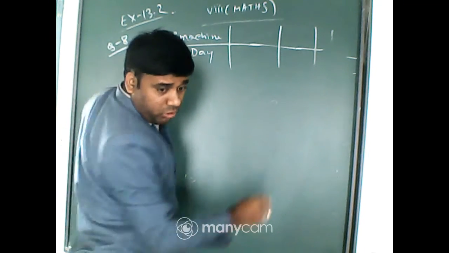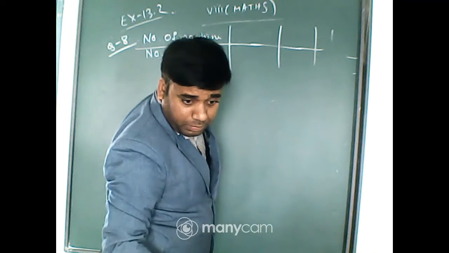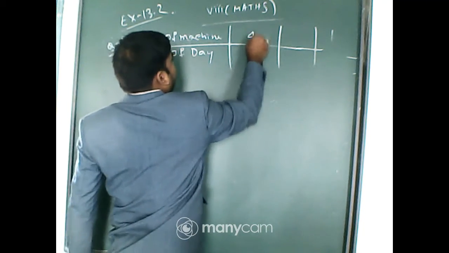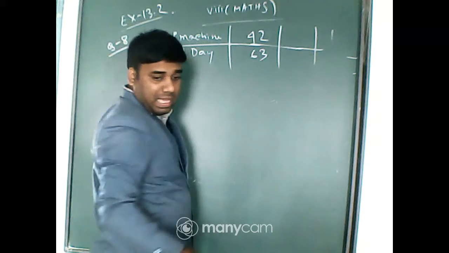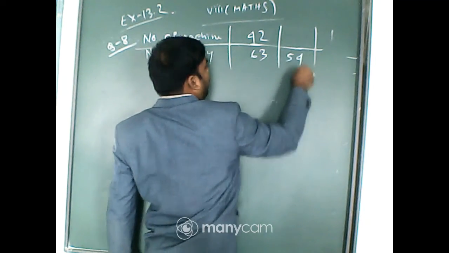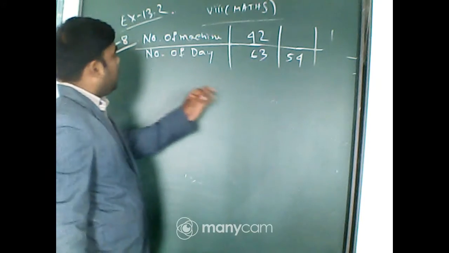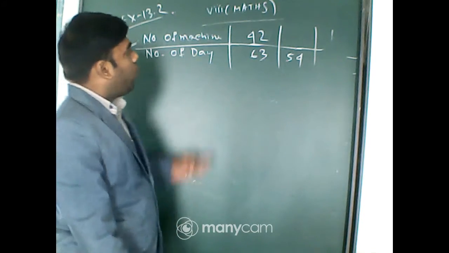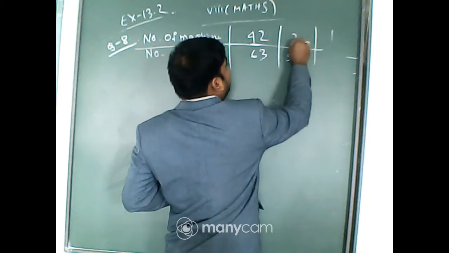When 42 machines are there, it will take 63 days. And if you want to complete the work in fewer days, how many machines will be needed? I am taking x.